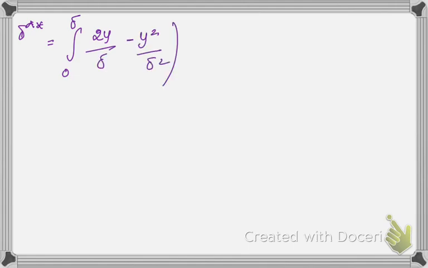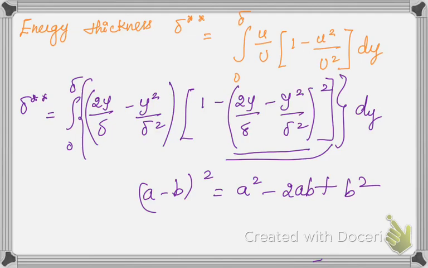So delta double star will be equal to integral 0 to del of 2y by del minus y squared by del square into 1 minus, as I have told earlier, 2y by del minus y squared by del square, the whole square.